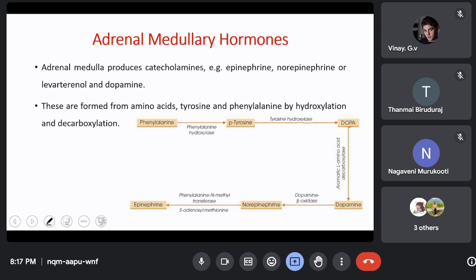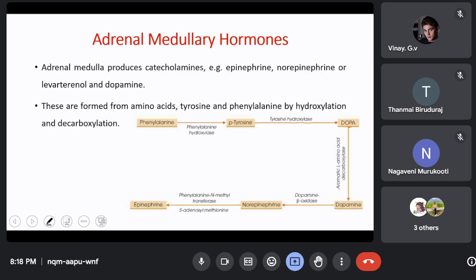Next, coming to the adrenal medullary hormones. These are called catecholamines, and these are nothing but biological amines, which we have been referring to from day one of this endocrinology class, because they are derived from an amino acid, that is tyrosine, and hence are called biological amines or derivatives of amino acids.